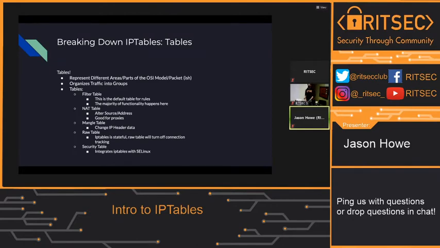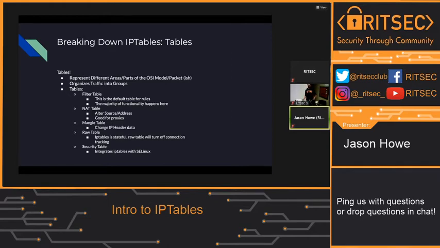So fundamentally, IPTables starts off at a table layer. There are different tables for the different components of the network layers, kind of, sort of. The default table that is used is the filter table. It's where the majority of the rules are placed, and it's what most people use to protect the network.